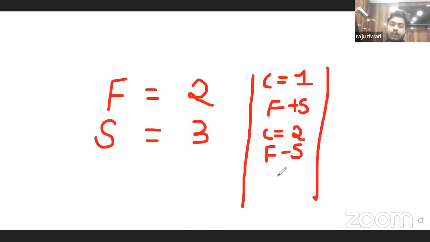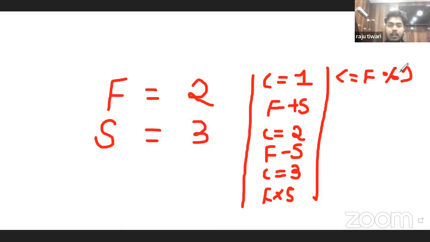If choice becomes 3, we will multiply these two numbers. And if choice becomes 4, we will divide, first divided by second number. That's how we are going to create our calculator.